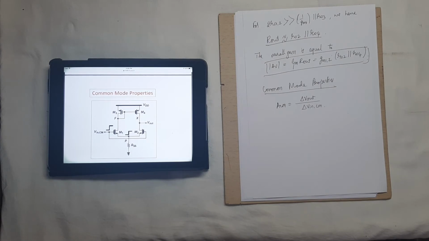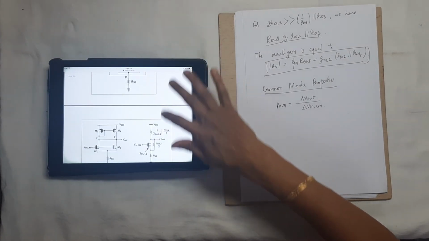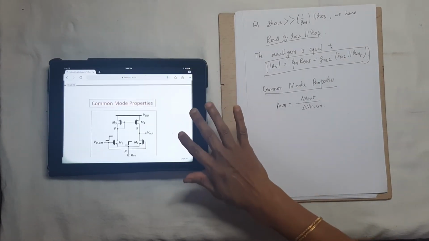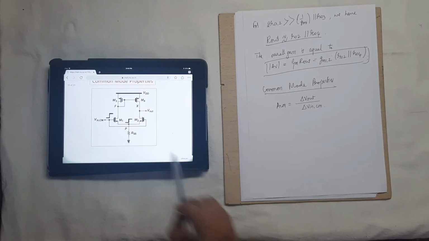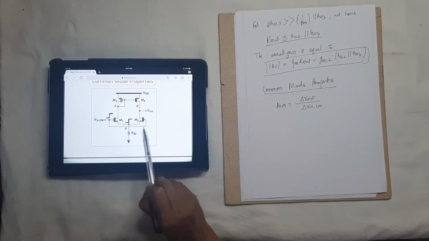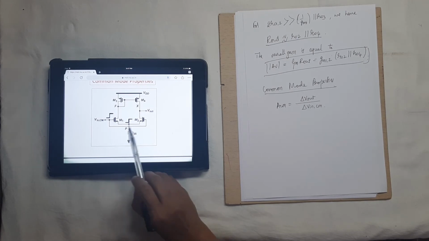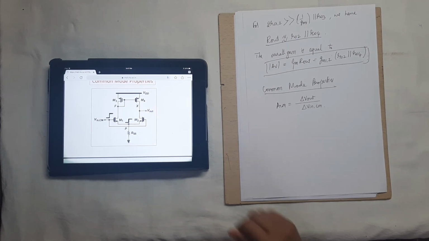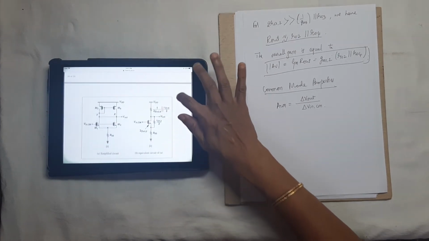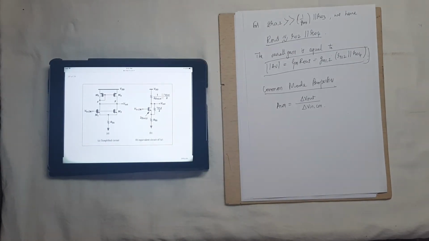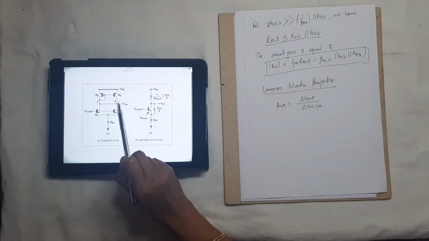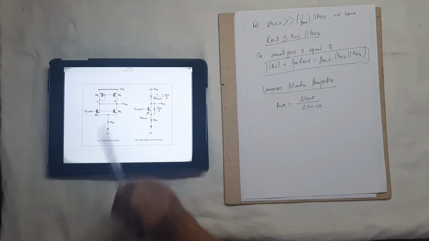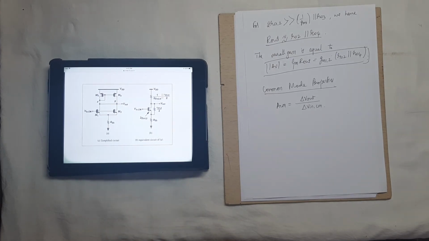To determine ACM, we observe that if the circuit is symmetric, then Vf will be equal to Vx, and there is a common mode voltage applied between the transistors M1 and M2. Therefore, the circuit can be redrawn like this. Since Vf is equal to Vx, these two are shorted and it is taken as the Vout.